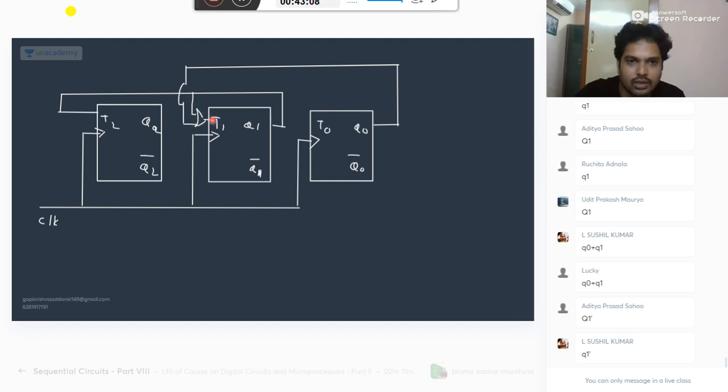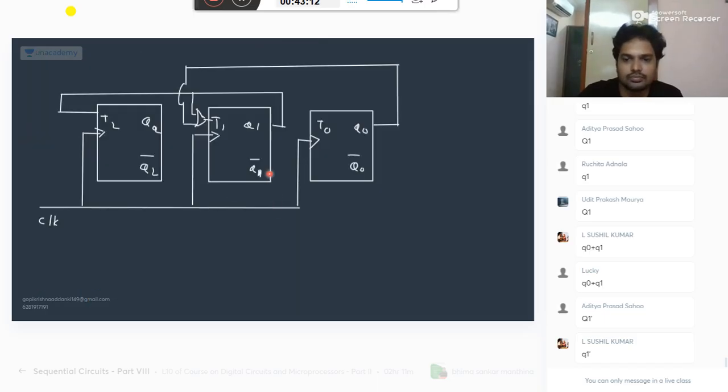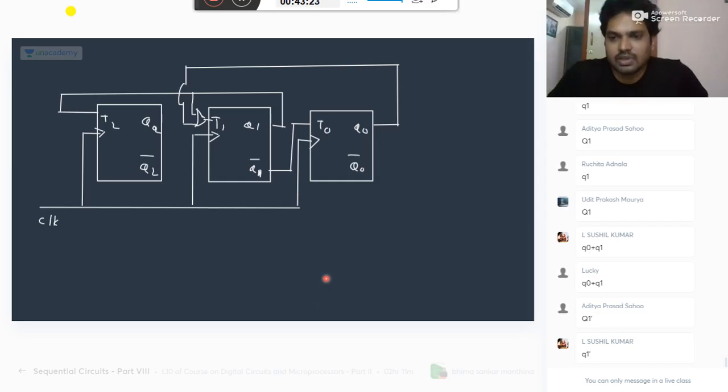Take one OR gate. Next. For T0, it is Q1 bar. Is it clear now? Just make the figure according to the equation. That will finish your job.